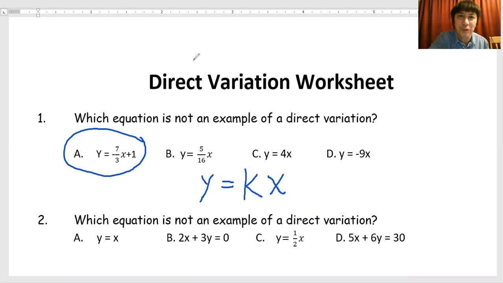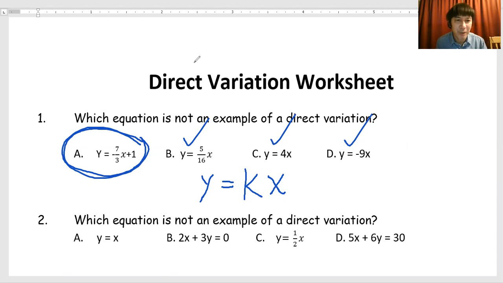And that goes to the B, the C, and the D. So these are all direct variation. So which equation is not an example? It's this, because there's a +1 there. Okay, so that's how to check which is direct variation and which is not a direct variation equation.